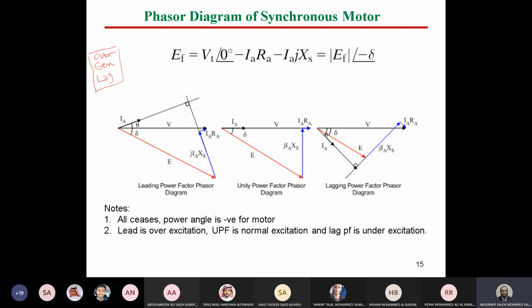It's not necessary to solve the problem analytically. You can solve it graphically using the phasor diagram. In this case, you have to make a scale and start solving using the phasor diagram. Some problems we cannot solve analytically, or if we use the phasor diagram, it will be much easier. So you have to understand how to plot the phasor diagram. It's very important.